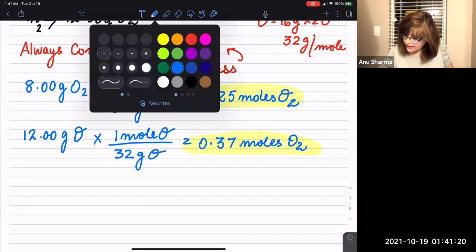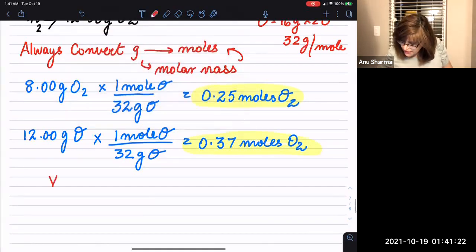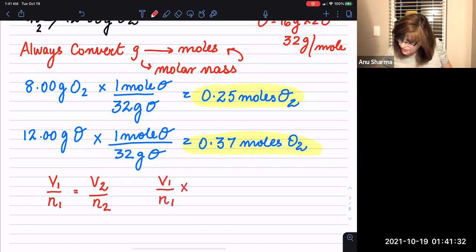The rest is just plugging it into the formula. V1 over N1 is equal to V2 over N2, and V1 over N1 times N2 is equal to V2.